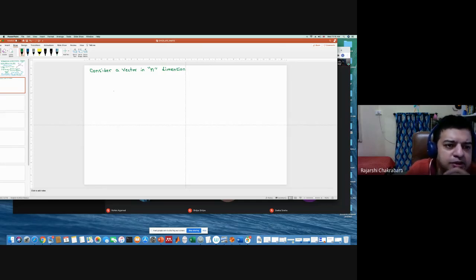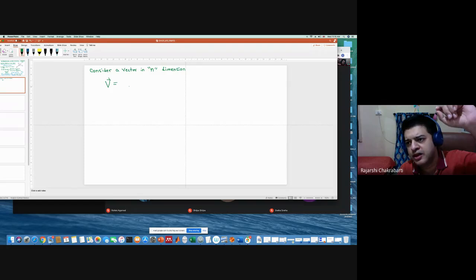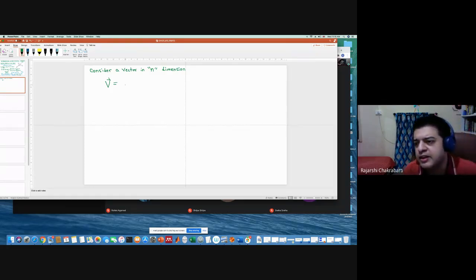Now I can follow the same thing and write any vector in this n dimension. Say I call it V. Along each dimension, I can choose a unit vector, and then I take a linear combination of these unit vectors, and that will give me any arbitrary vector in that n dimension.